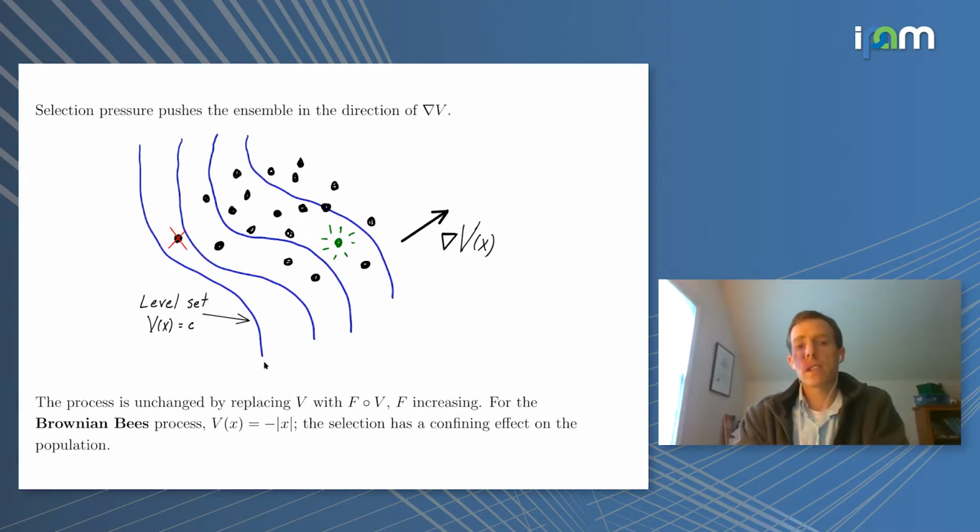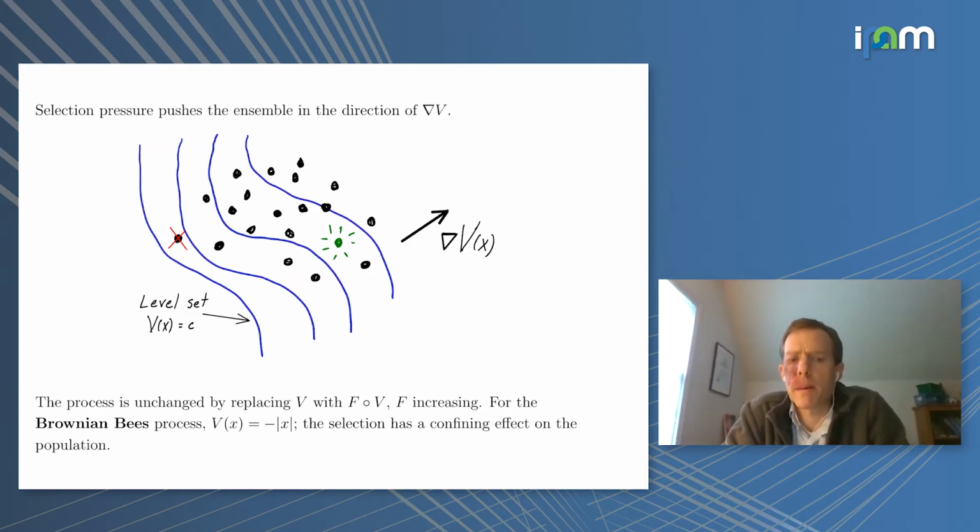So the fitness function has very interesting effects on the population. We're always selecting the least fit particle, and so that produces a kind of selection pressure that pushes the ensemble in the direction of higher fitness. In the picture here, the blue curves represent level sets of V. So if this green particle branches, if this is the ensemble, then the one with minimal fitness is removed.